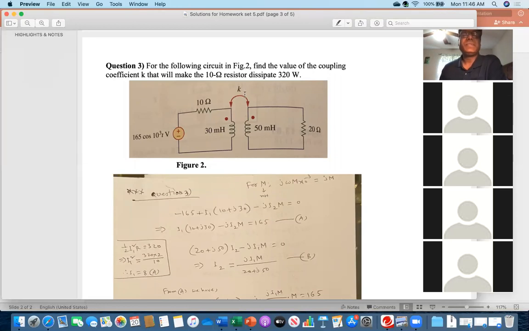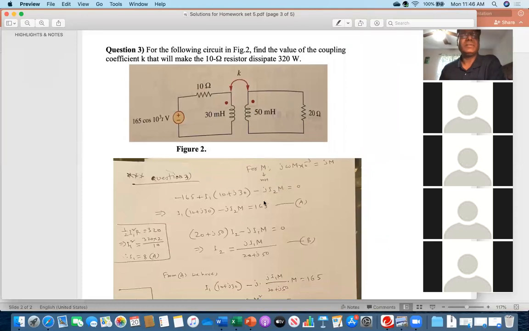This is the circuit. Although in the solution I did not draw the phasor equivalent, you have done the phasor equivalent. First you have to convert all components into their phasor equivalents. Here you have to assume that the mutual inductance is M, and you can assume that M is in millihenry, because L1 and L2 are given in millihenry.